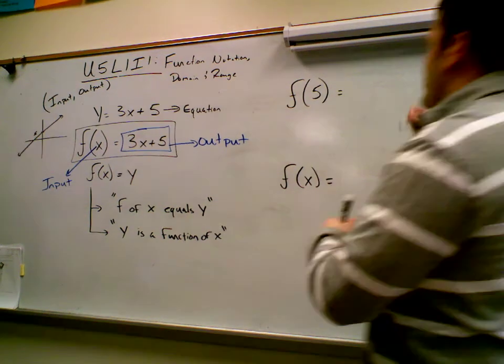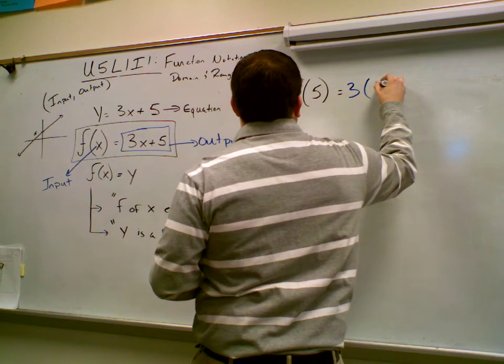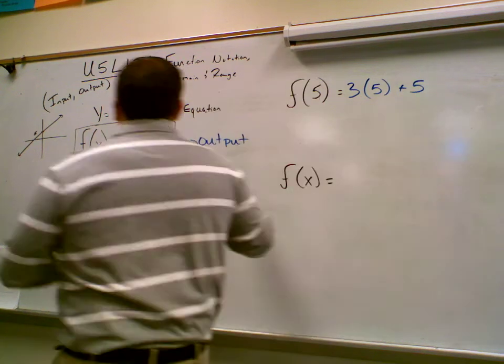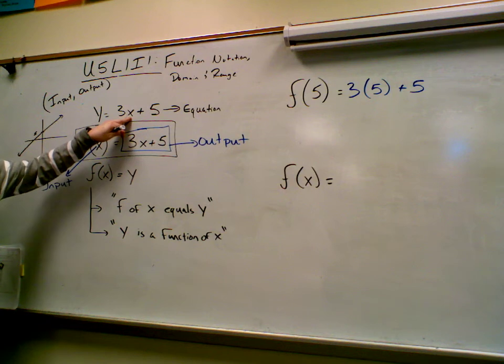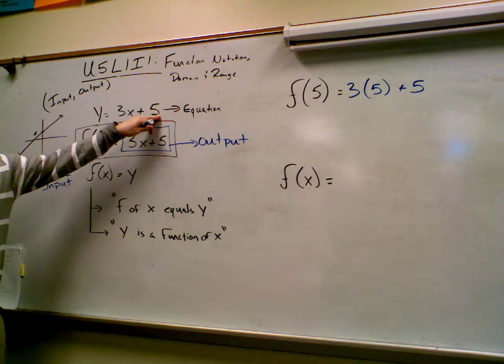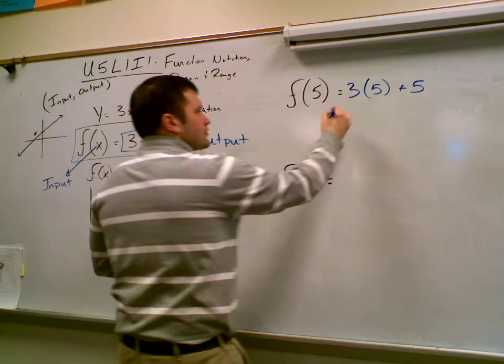So that means we do 3 times 5 plus 5. The 5 in the parentheses came because it was my input. The 5 by the plus sign was just part of the equation. Does that make sense? What's 3 times 5? 15. What's 15 plus 5? 20.